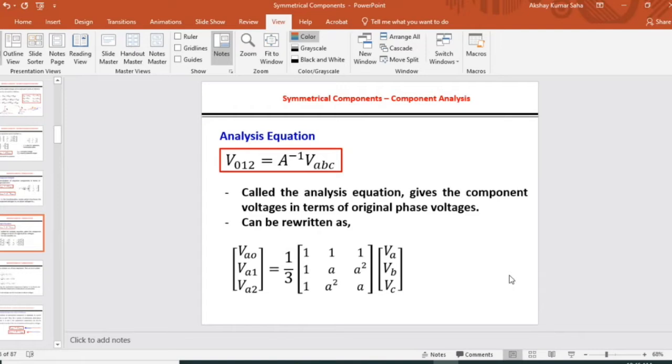Whereas we have another equation, which we will call the analysis equation, in which we can find the sequence component voltages, expressed in terms of the transformation matrix, but in this case not the direct matrix but its inverse, and the actual phase voltages of the system that we are considering.